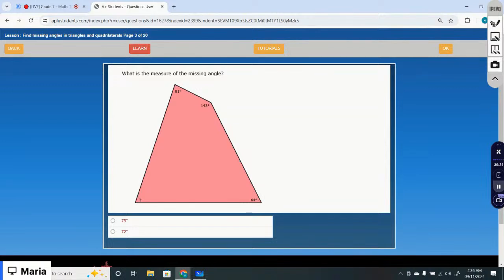So 360 minus 288 degrees. So the correct option is 72 degrees. That is 72 degrees, right?